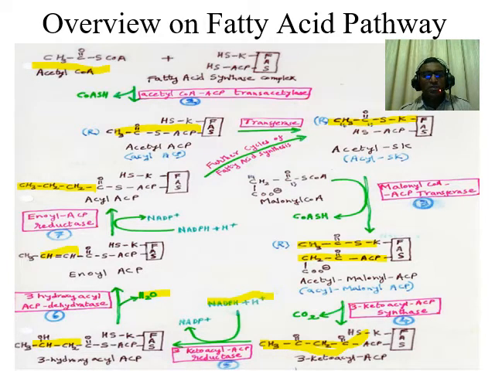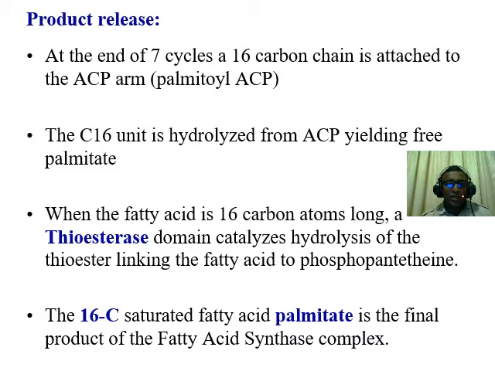The acyl group will be transferred to the condensing site, and this will then carry on to form from 4 carbon to become 6 carbon through repeated process of this whole cycle many more times, until it forms the 16 carbon palmityl CoA, covered by the thioesterase, the 8th component of the fatty acid synthase, where it suddenly becomes alive and does its function in the product release.